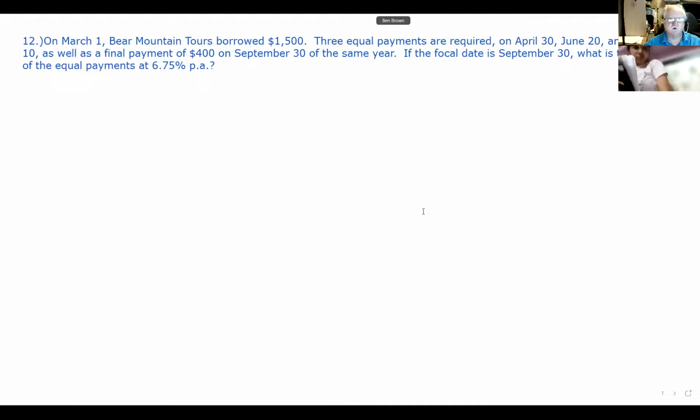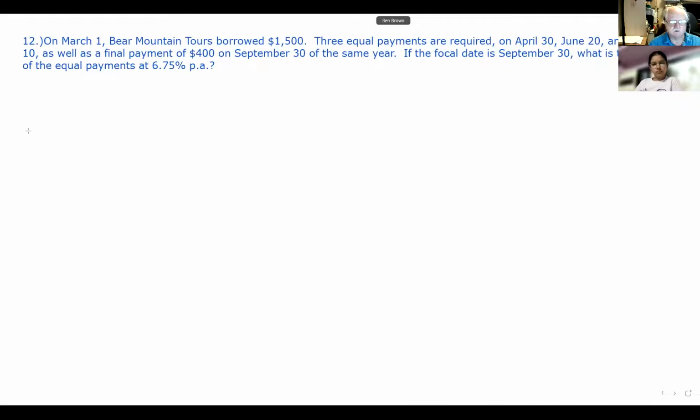So on March 1st, Bear Mountain Tours borrowed $1,500. 3 equal payments are required on April 3rd, June 20th, and August 10th, as well as a final payment of $400 on September 30th of the same year. If the focal date is September 30th, what is the amount of the 3 equal payments at 6.75% per annum?